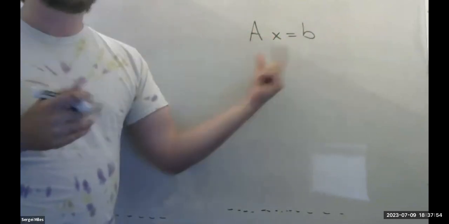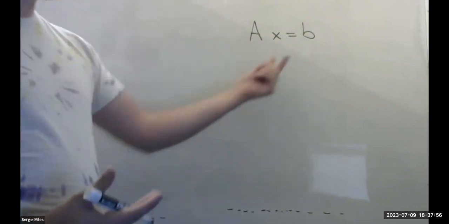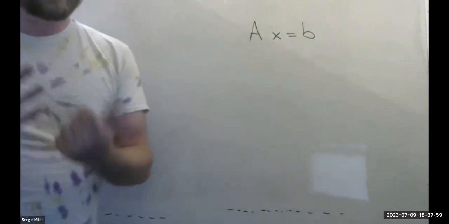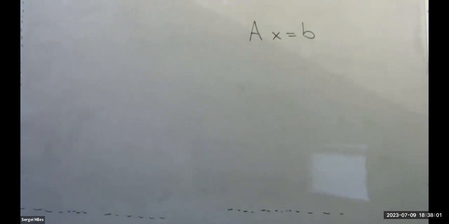So every single linear system can be rewritten as a matrix equation. Well, we want to further break this down into two cases.